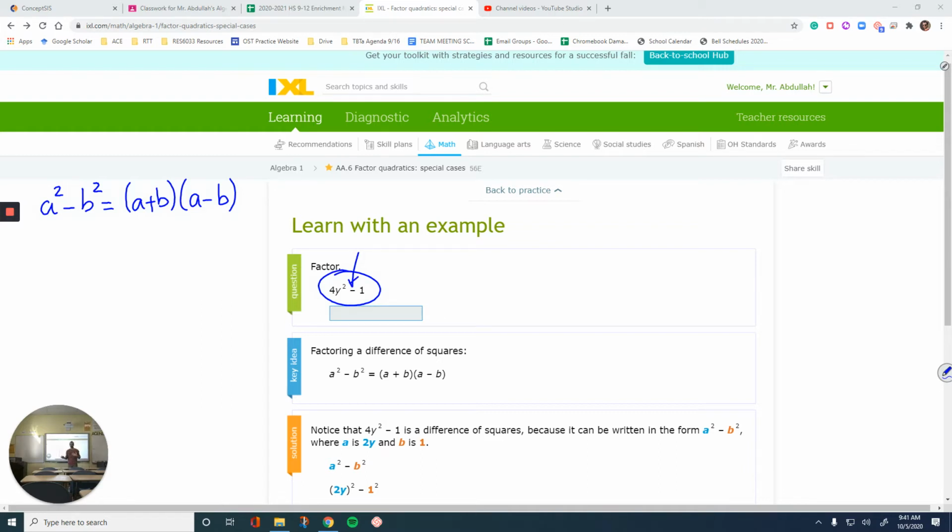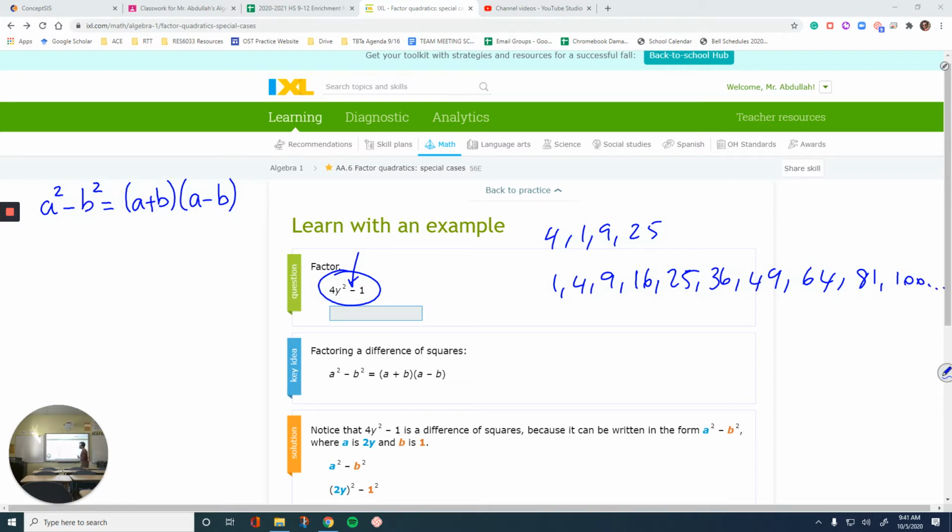What does that mean? Like 4, 1, 9, 25. I'm not sure if you realize the pattern. Let me just put them all in order: 1, 4, 9, 16, 25, 36, 49, 64, and so on, 81 and 100.